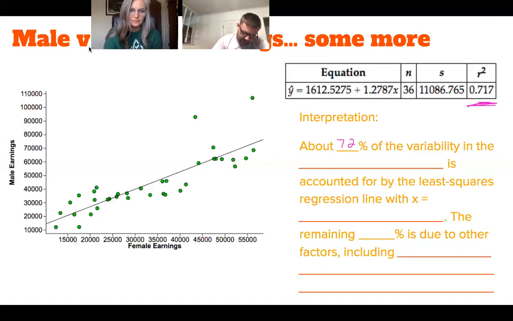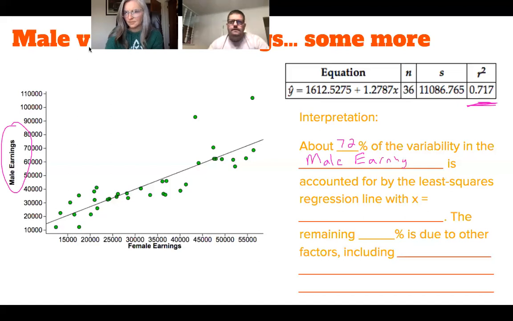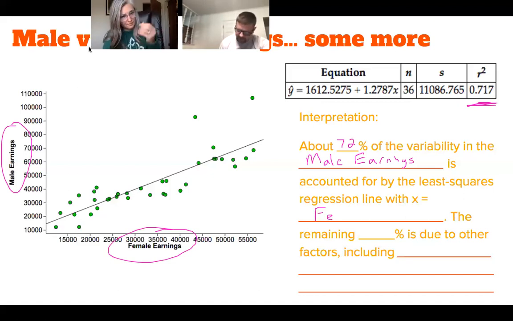The Y value is male earnings. So I need to put male earnings in here. Is explained by the least squares regression with X. So I look at the X values, which are female earnings. And honestly, I'm just robotically putting those into that template.